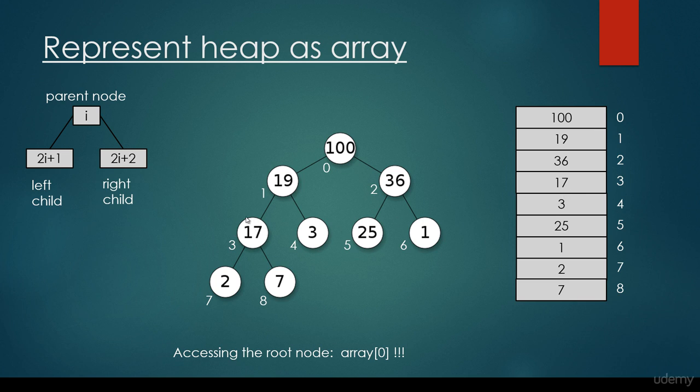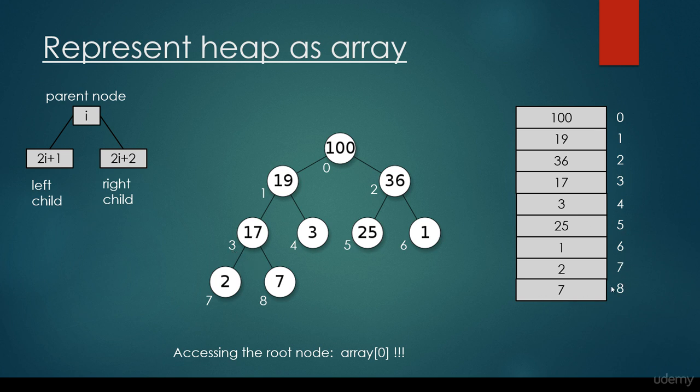Let's consider, for example, 17. 17 has the index 3. Okay, we have the 17 here. How are we able to find the left child in the array? The left child is going to be 2 times I plus 1. So 2 times 3 plus 1, so basically 7. Yeah, here's the 2 with the index 7. What about the right child? It is 2 times I plus 2. 2 times 3 plus 2, so 6 plus 2, so 8.